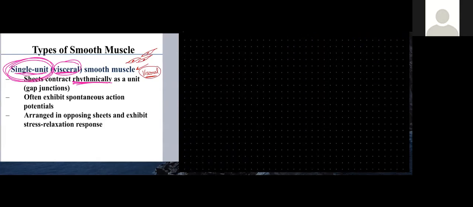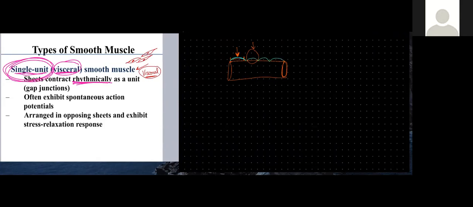If you remember, in order to contract a certain segment of your gastrointestinal tract, as an example, you can't just contract part and not contract another part at the same time. If you're going to contract this segment of the gastrointestinal tract, it is important to contract the next portion and the next portion and the next portion.